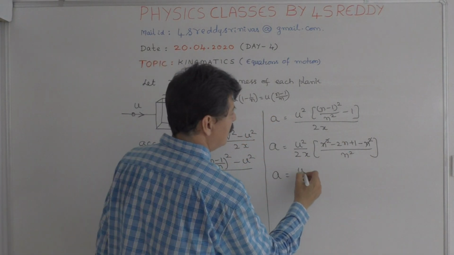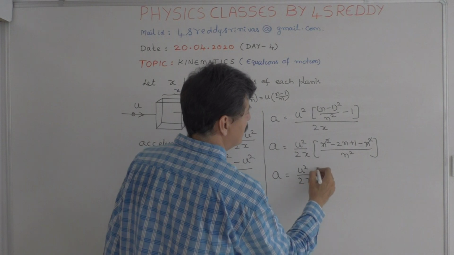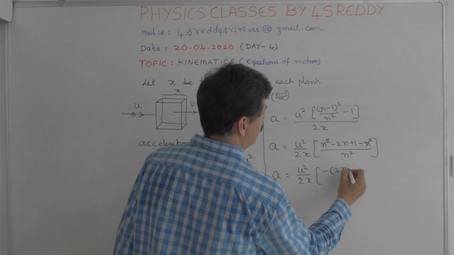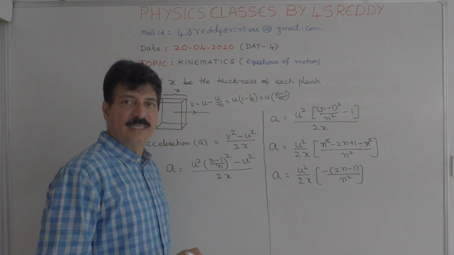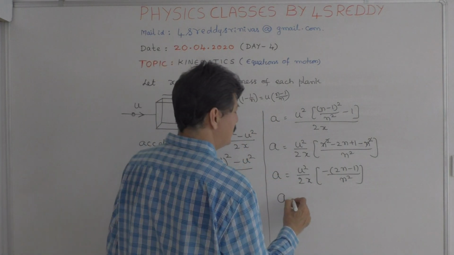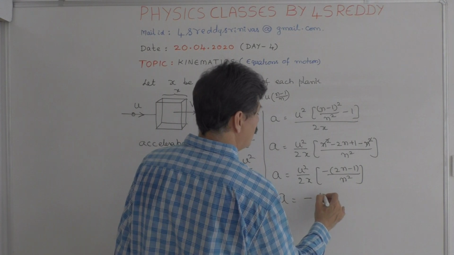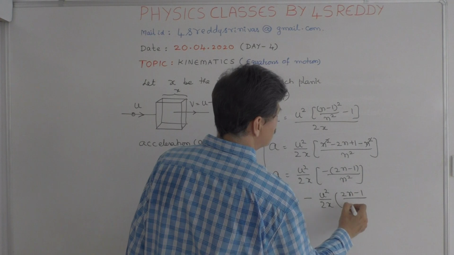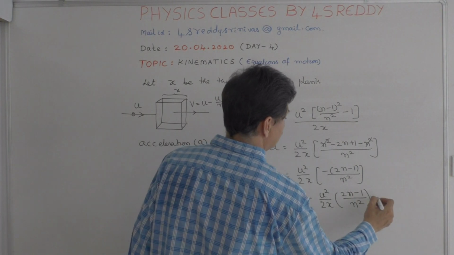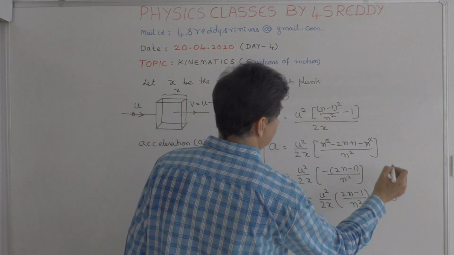Therefore A is equal to u square by 2x into minus of (2n minus 1) by n square. Therefore the acceleration is given by minus of u square by 2x into (2n minus 1) by n square. This is the first equation.